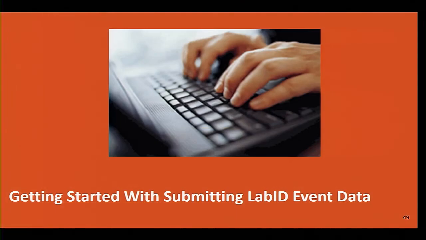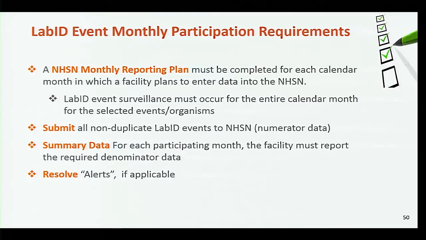So next I want to talk about entering the data into NHSN, or submitting your CDI or MDRO data. We talked earlier about the monthly reporting plan. The monthly reporting plan must be completed each month the facility wants to participate in NHSN reporting.